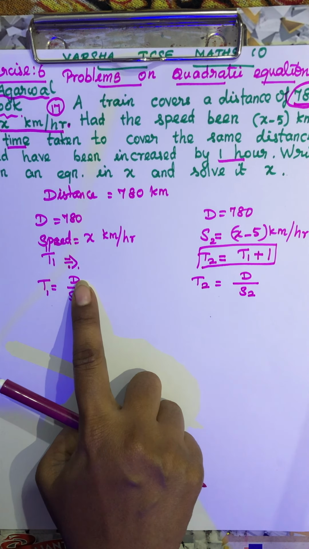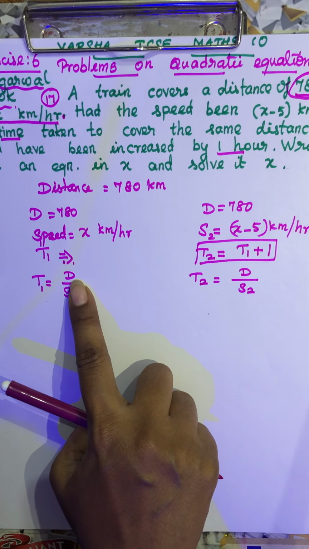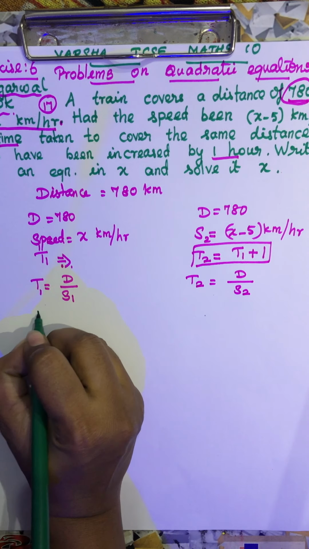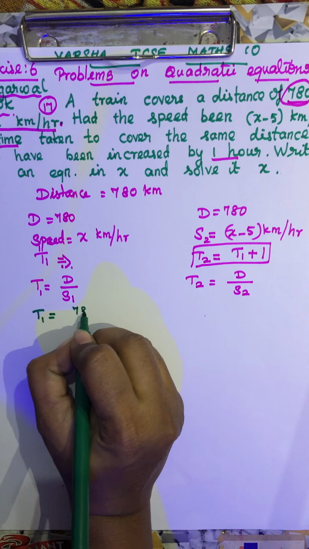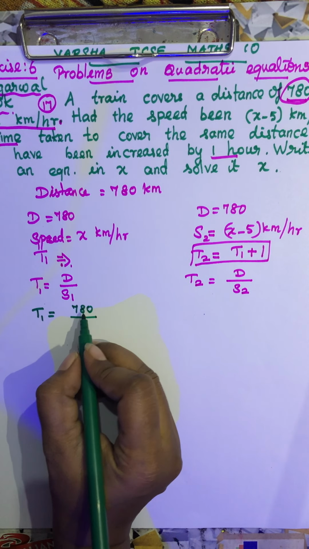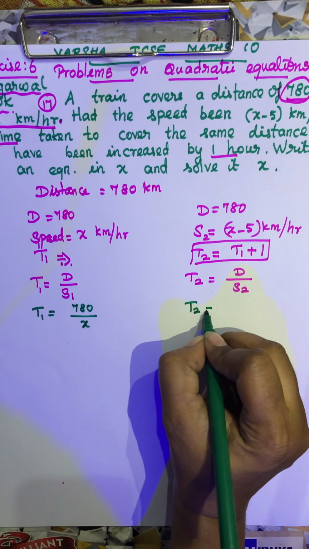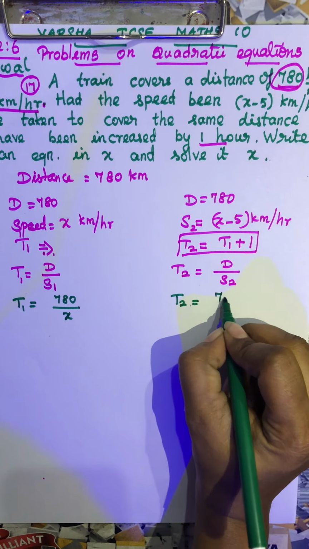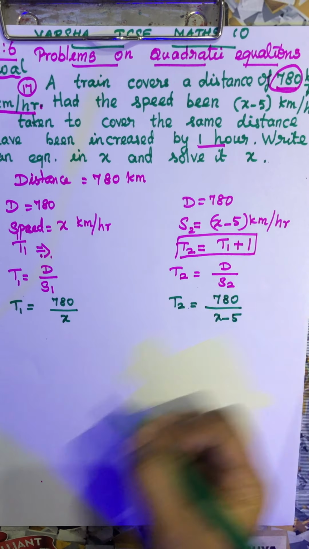But d is not changing because it is a distance; it is constant. So t1 is equal to 780 by x, the first speed. And t2 is distance 780 by x minus 5.